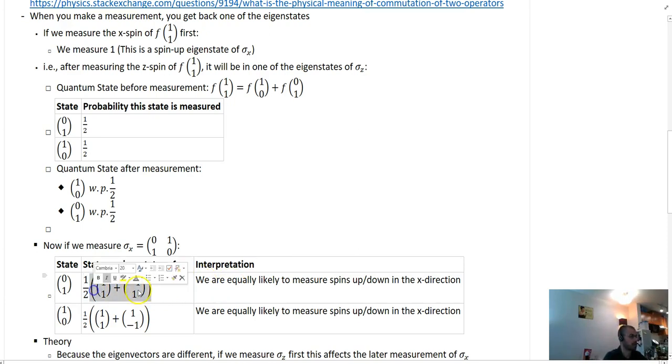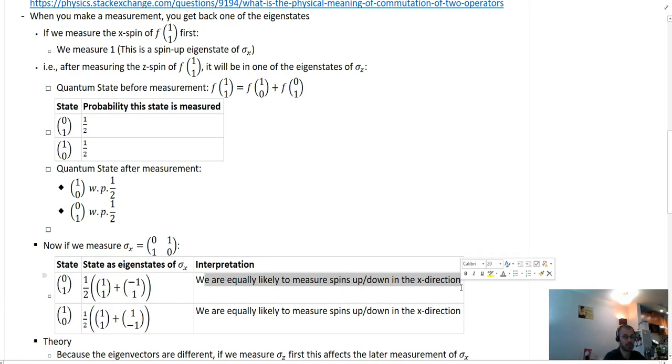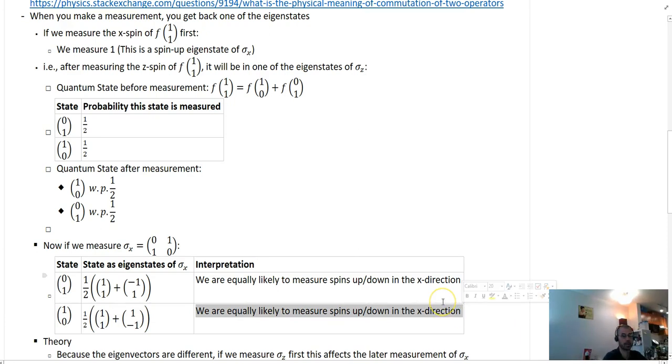But the important thing here is now we're equally likely to measure spin up or spin down in the x direction. So even though originally we were in the x direction, measuring the z direction totally messed that up. And now in terms of the x direction, it's a 50-50. It's actually the same if we measured spin up or spin down in terms of z. Either way, we're at 50-50 chance in the x direction.